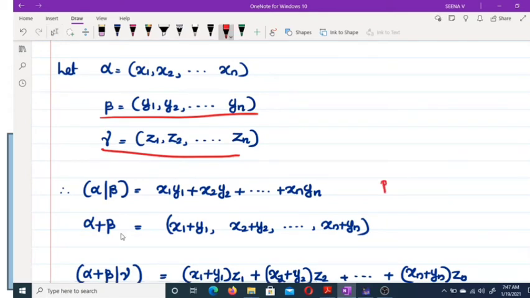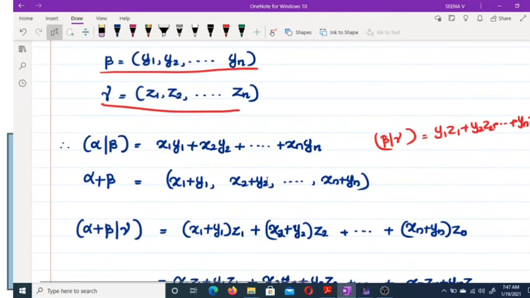The inner product of beta and gamma is y1 z1 plus y2 z2 plus etc., plus yn zn. Now, what is alpha plus beta? It is x1 plus y1, x2 plus y2, etc., xn plus yn.